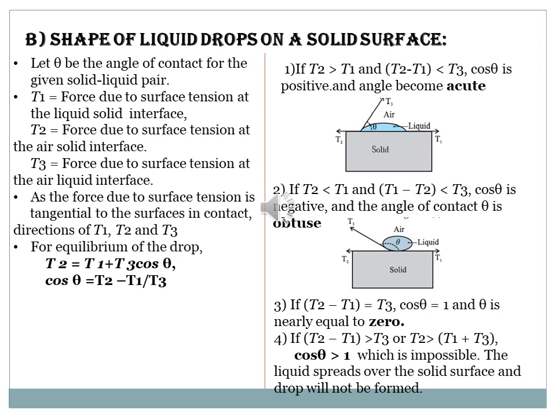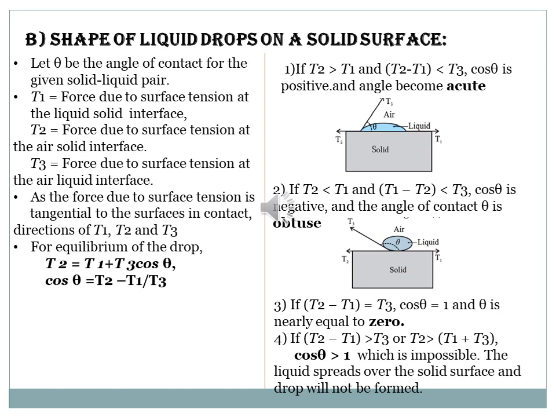When T2, the force at the air solid interface, is greater than the force at the liquid solid interface, the angle becomes acute. The next case is when T2 is less than T1. So cos theta will be negative. When it becomes negative, the angle of contact will become obtuse. Here is the second diagram for that. So the angle of contact becomes obtuse.